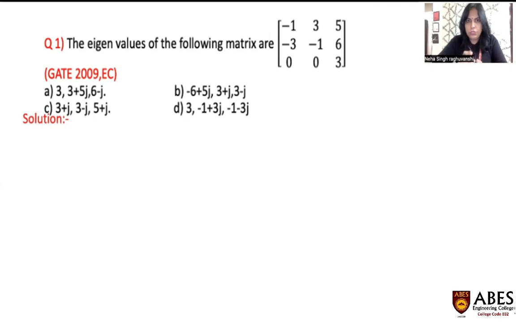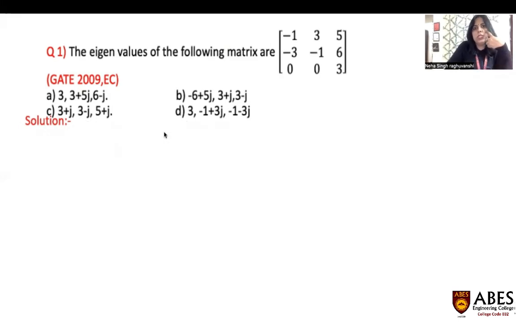In matrix A, in the last row, two elements are 0 and the third one is 3. As per the property, if we have a row in which only one element is non-zero and all the other elements are 0, then that element would be one of the eigenvalues. So let's start this question.